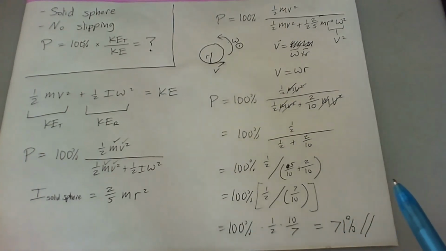And this came out to be 71%. So 71% of a rolling bowling ball's kinetic energy, regardless of its mass, as long as it's uniform in density, will be translational. And that means that only 29% will be rotational kinetic energy.